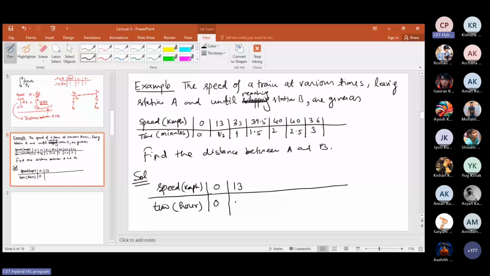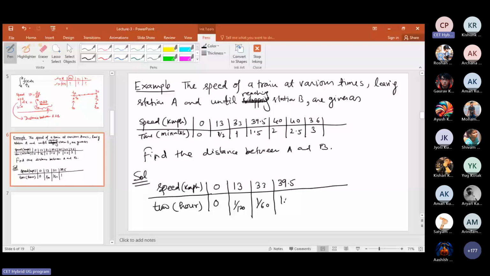33 1/60, 39.5 speed, 1.5 by 60, so that will make it 15 by 600. That means this will be 1/40, 15 by 600.